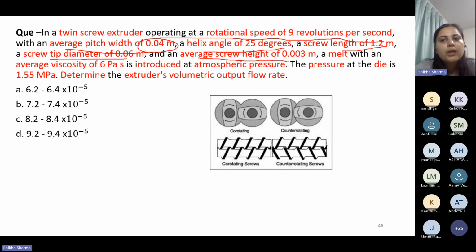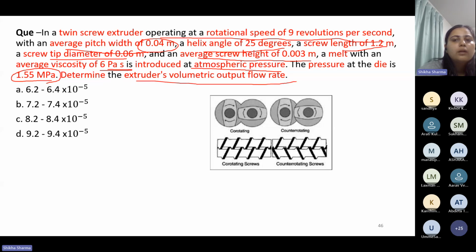Average screw height 0.003 meter. And melt with an average viscosity of 6 pascal second is introduced at atmospheric pressure. The pressure at the die is 1.55 megapascals. We need to calculate the extruder's volumetric output flow rate.